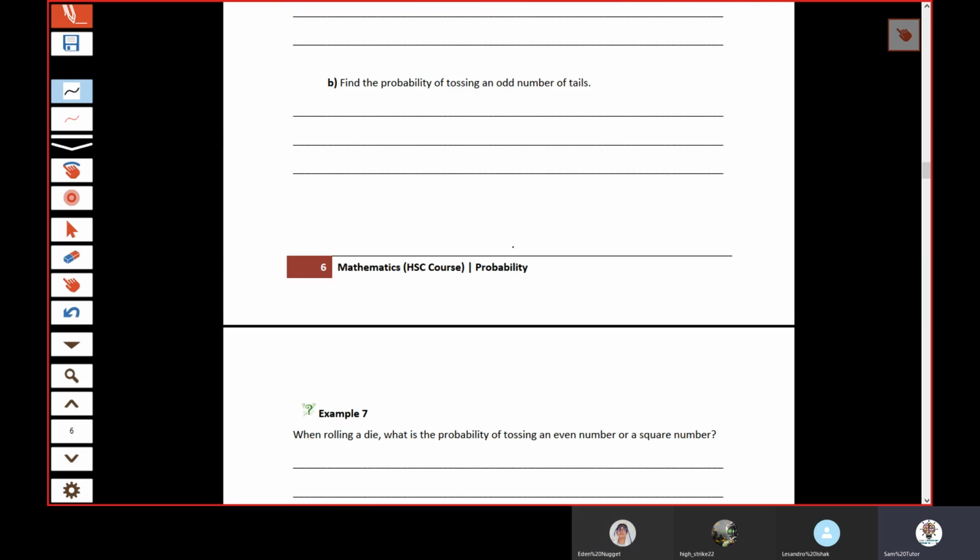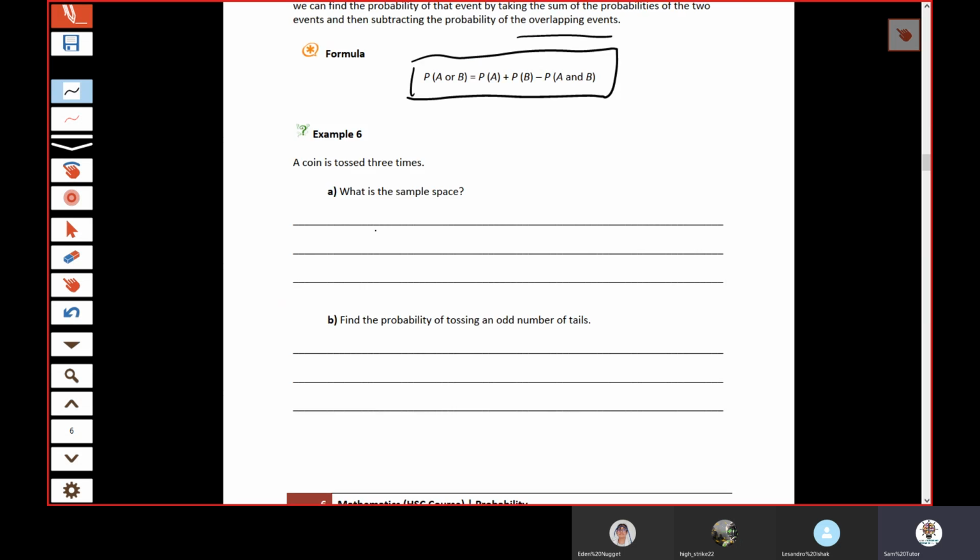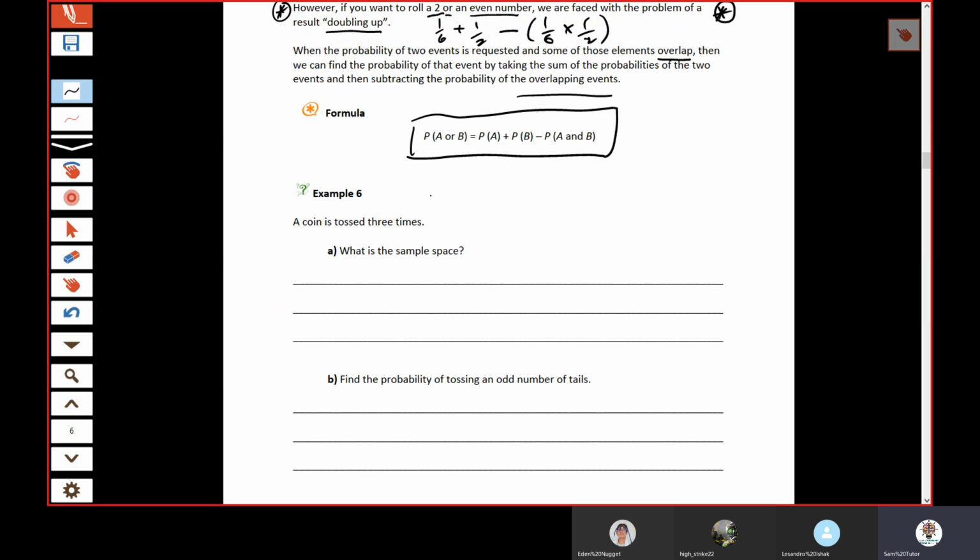Watch this. So here, a coin is tossed 3 times. What is the sample space? The coin is tossed 3 times. So you could have got head, head, head; head, head, tail; head, tail, head; head, tail, tail. And I think that's it.